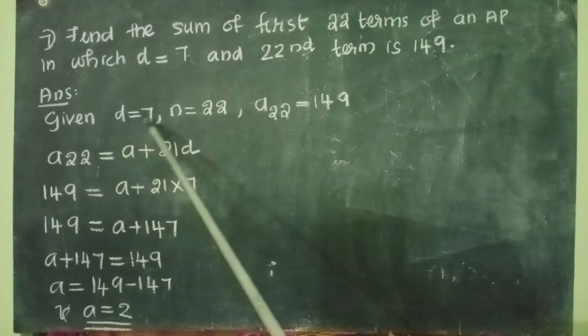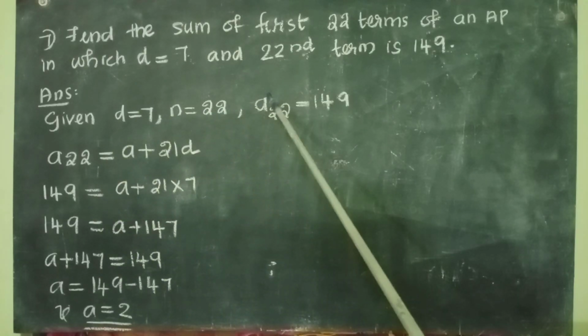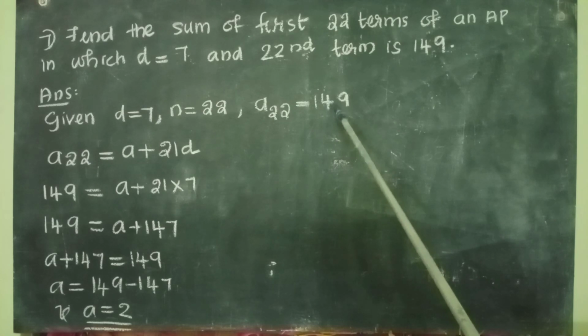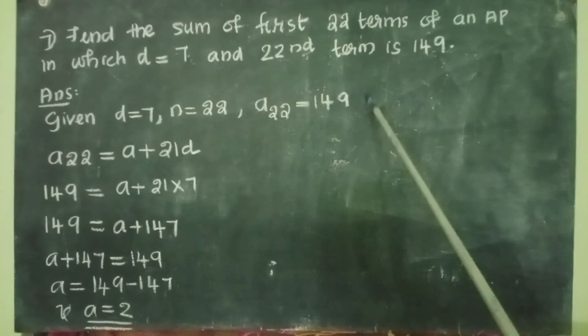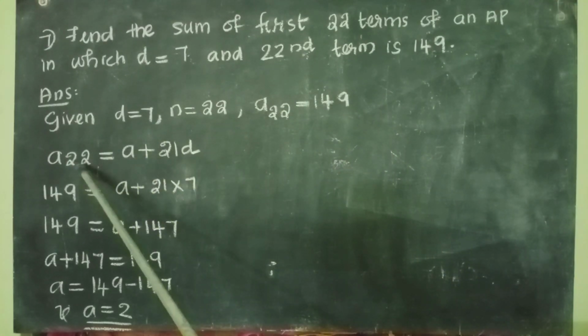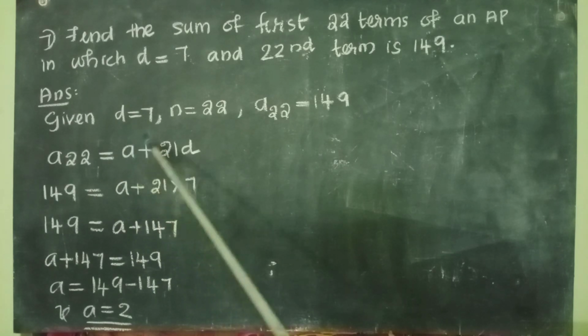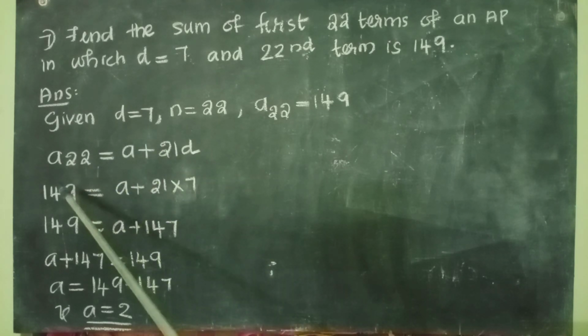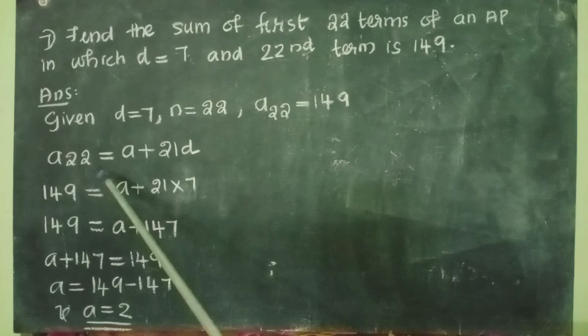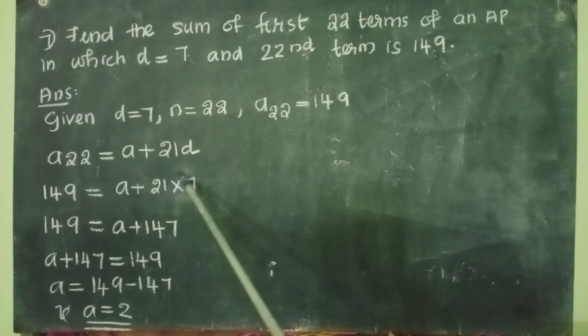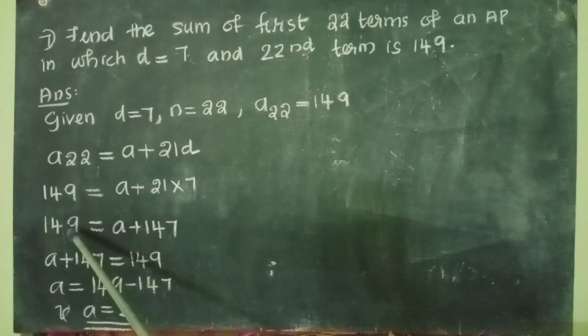Given d equal to 7, n equal to 22, a22 equal to 149, we can start with a22. We know a22 equal to a plus 21d, that is 149 equal to a plus 21 into 7, that is 149 equal to a plus 147.